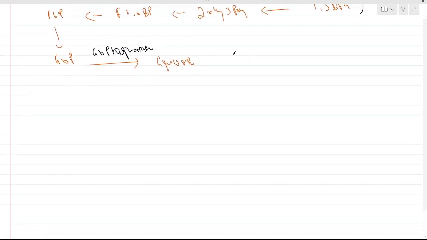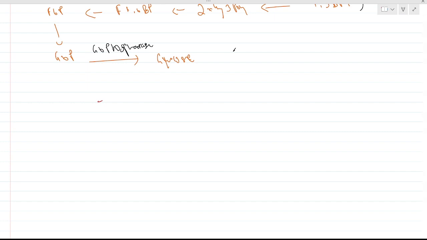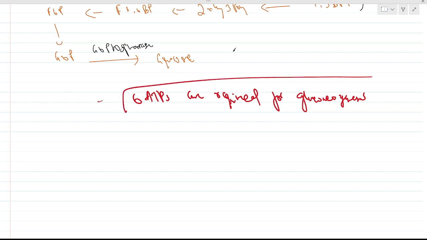So in conclusion we write: 6 ATPs are required for gluconeogenesis. It's an energy consuming process. 6 ATPs are required for gluconeogenesis.